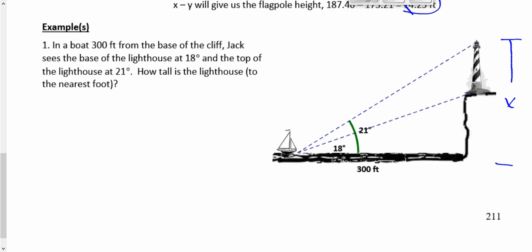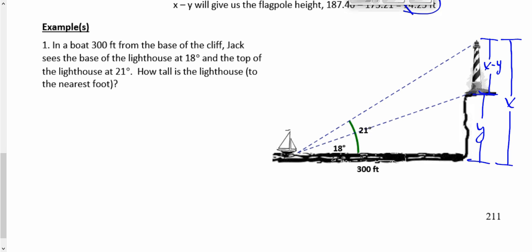All right, this is X. I'll call this Y, like that. And then this distance will be X minus Y. So we'll go after X first, maybe the height of both the cliff and the lighthouse together, right?